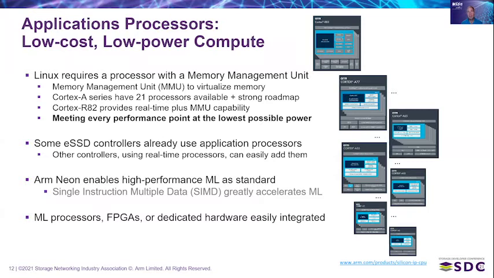All of the Cortex A would support that. And then there's a real-time core that blurs the line between real-time and application. The Cortex R82 has real-time capability and an MMU. I can get into a little bit more of that in the next slide. But the bottom line is that there are options for lots of different performance points and with the lowest possible power.